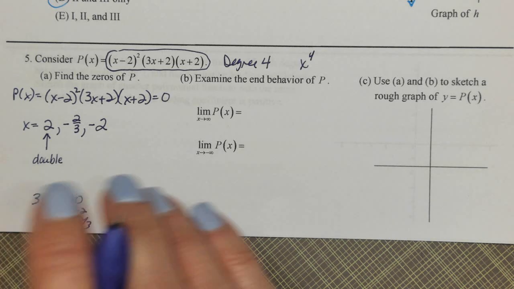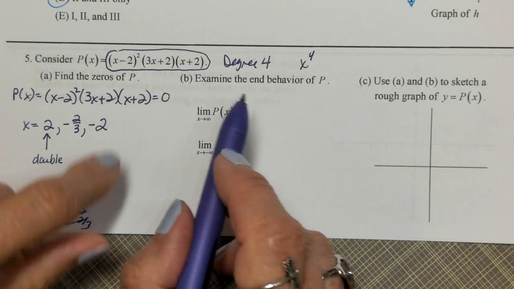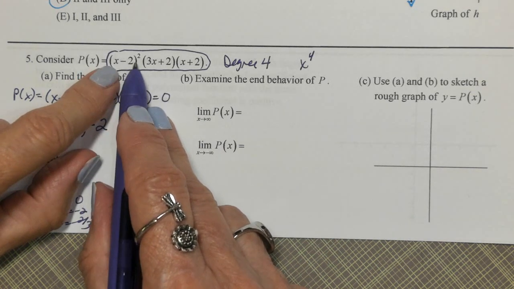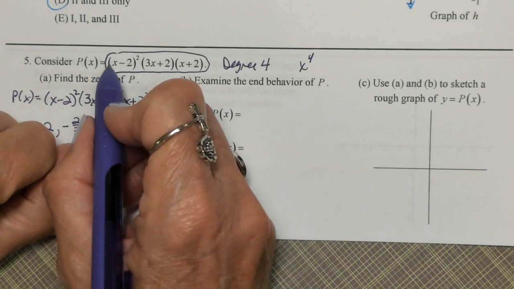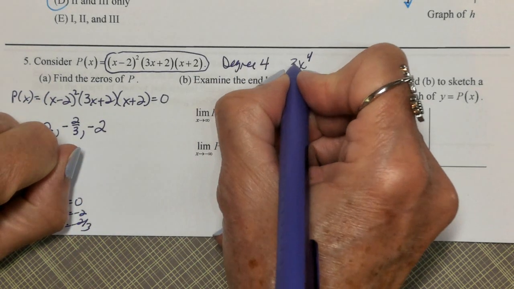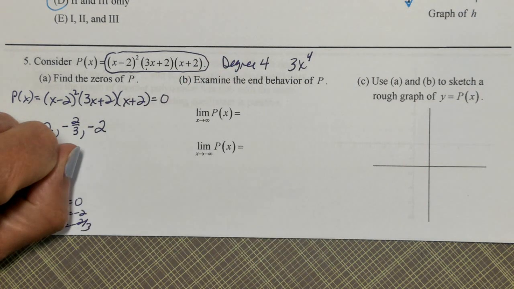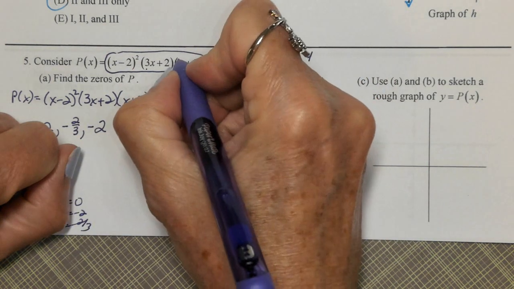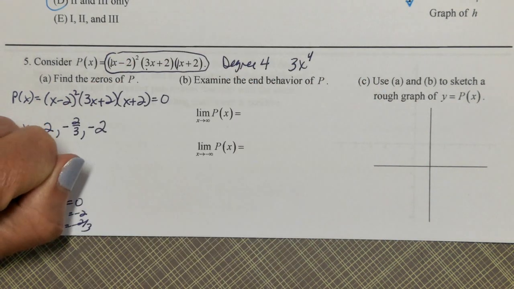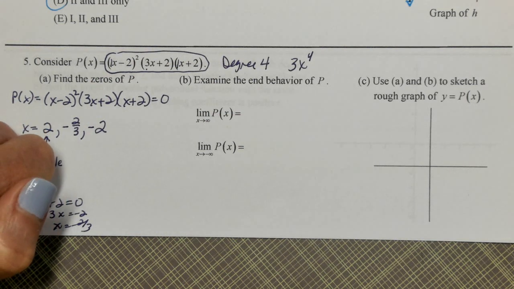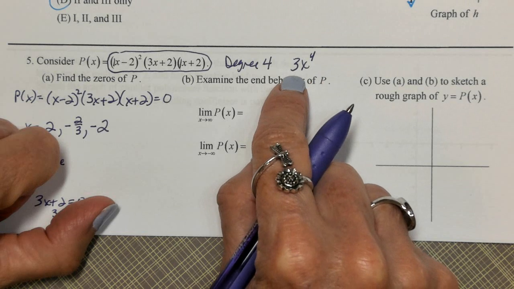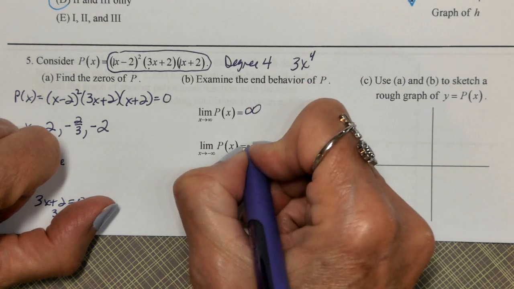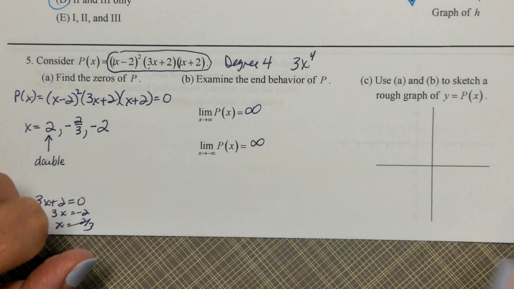Well, the lead coefficient here would be a 3 because of that 3 right there, and the 1 here and the 1 here. The lead coefficient is positive. So it's a 4th degree polynomial with a positive lead coefficient. Therefore, both of these are going to infinity.